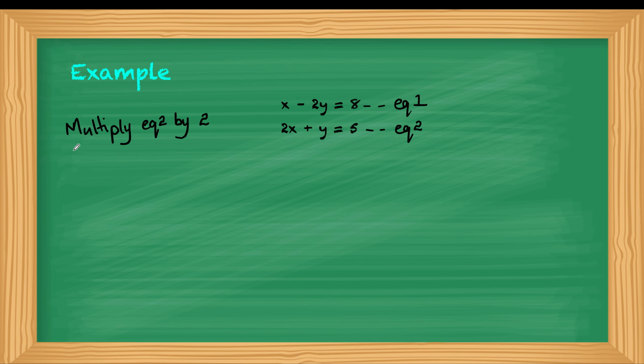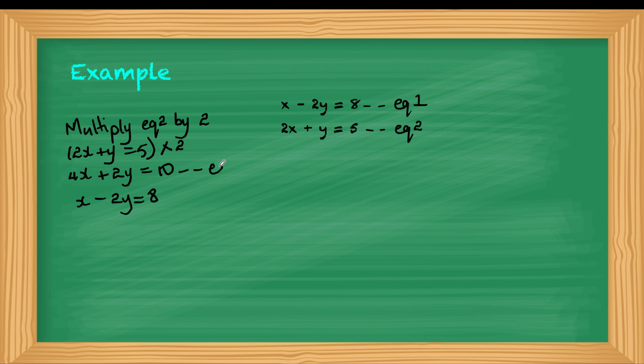So when I multiply equation 2, which is 2x plus y equals 5, by 2, I will end up with 4x plus 2y is equal to 10. Now, I'm going to rewrite my equation 1, and I'm going to replace my equation 2 with this equation.